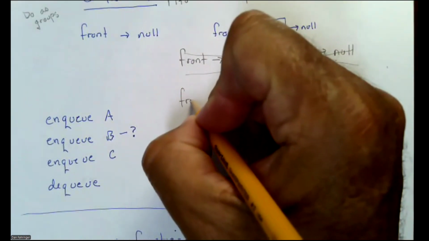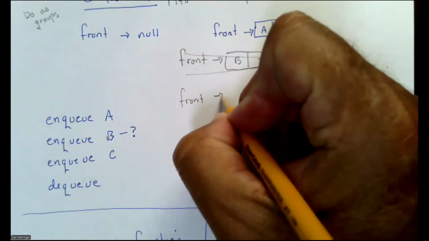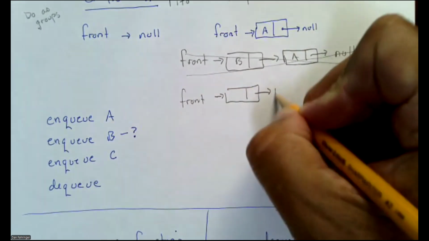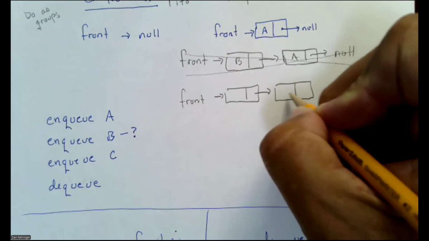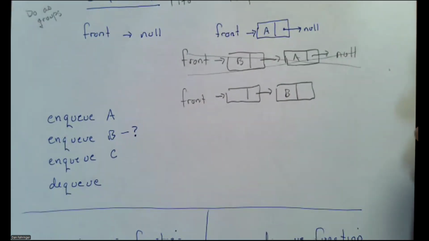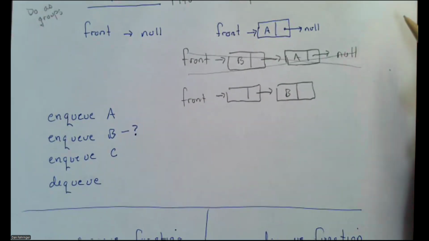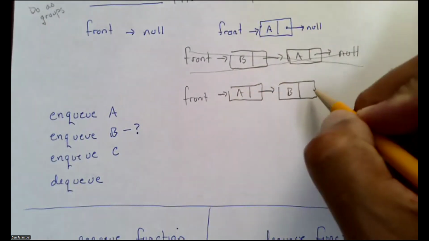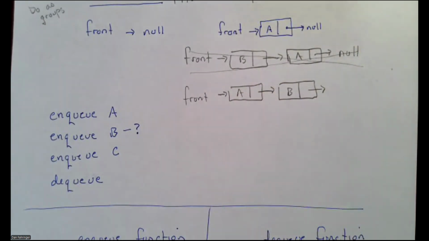What if I do this? Front points to A, and this now points to B. So I'm adding at the end. Would I still have to traverse through? If I want to add C, I add C to the end.